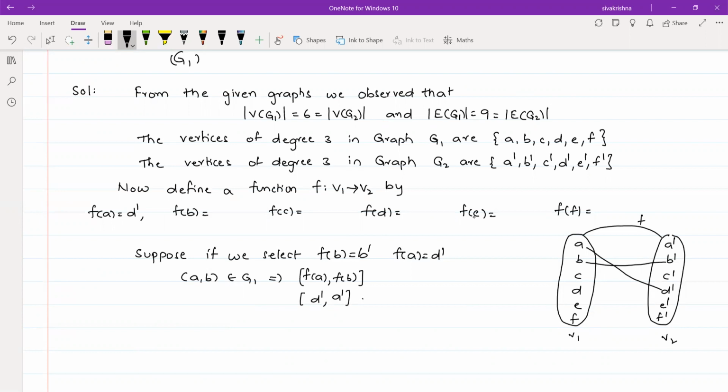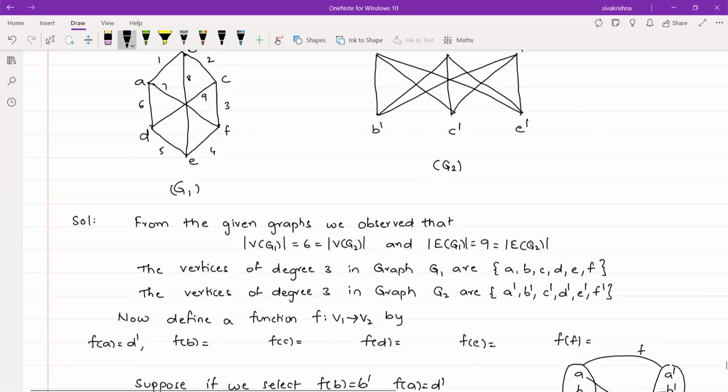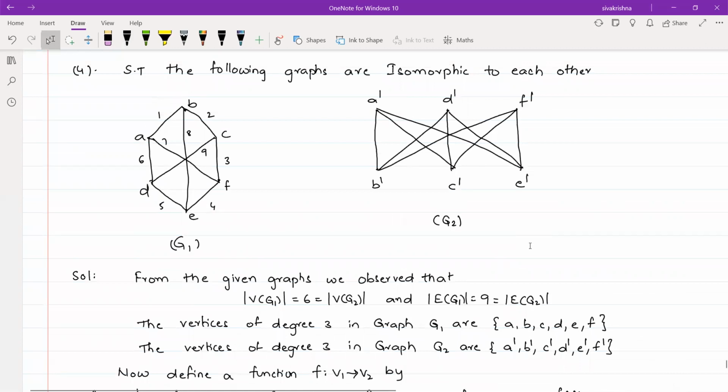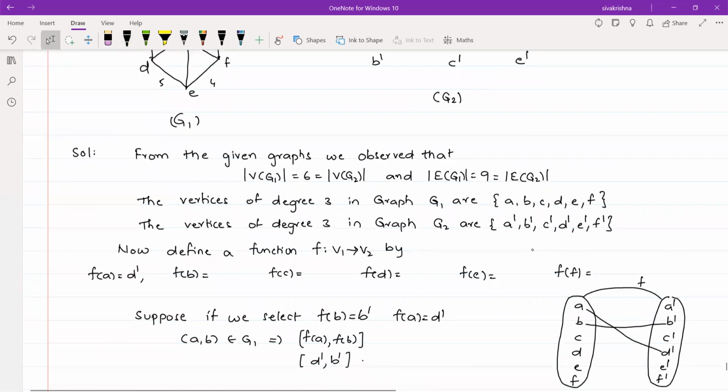This implies that f of a and f of b must be an edge in graph 2. f of a is d dash and f of b is b dash, so there must be an edge between b dash and d dash in graph 2. Is there an edge between b dash and d dash? Yes, we have an edge between b dash and d dash, so we can select the image of b as b dash.